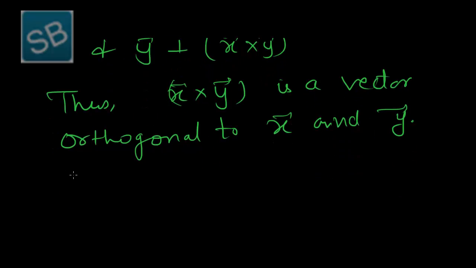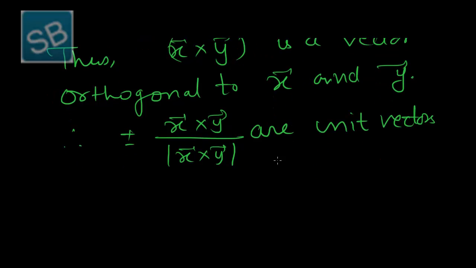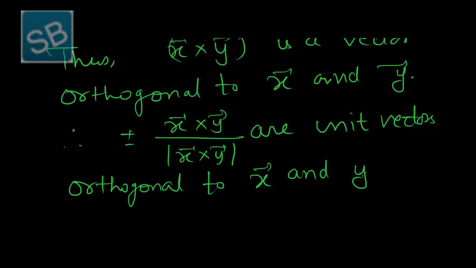Therefore, plus or minus x cross y over its magnitude is a unit vector. So these both are unit vectors orthogonal to vector x and vector y. So it was all about theorem 6.7.